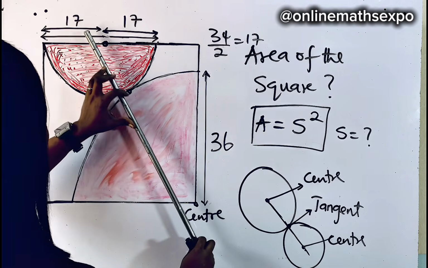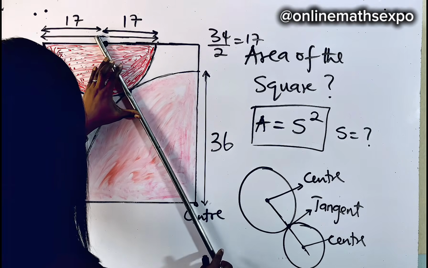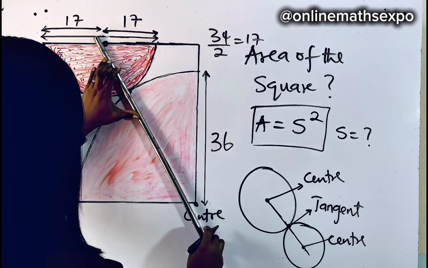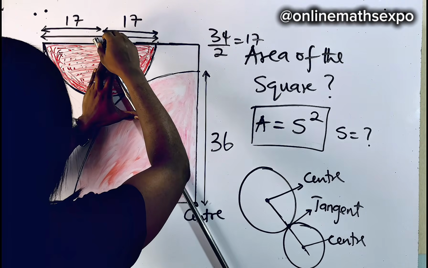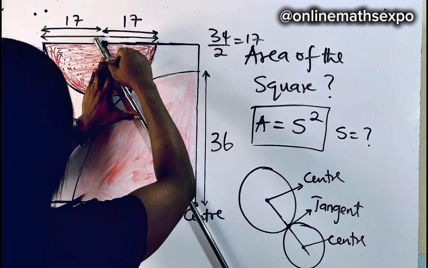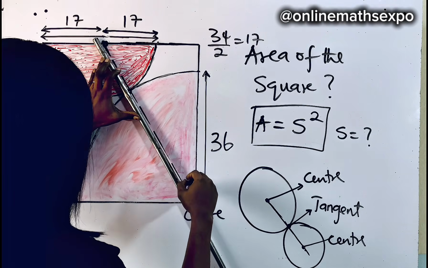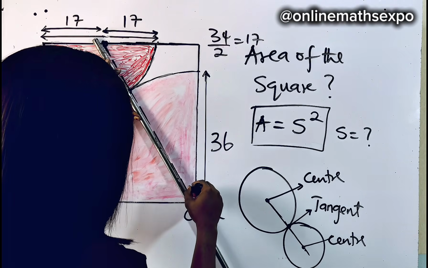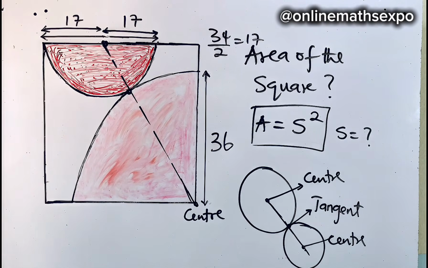So we join. So this is what we have. We have formed a straight line.